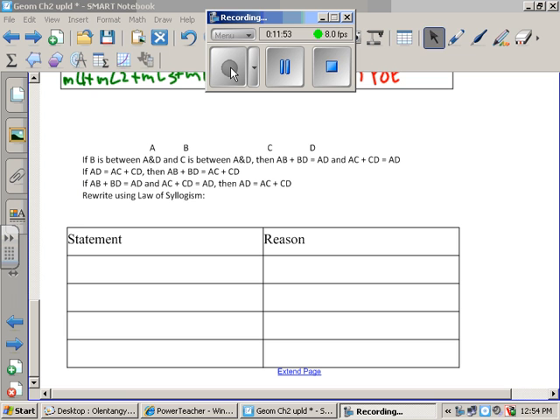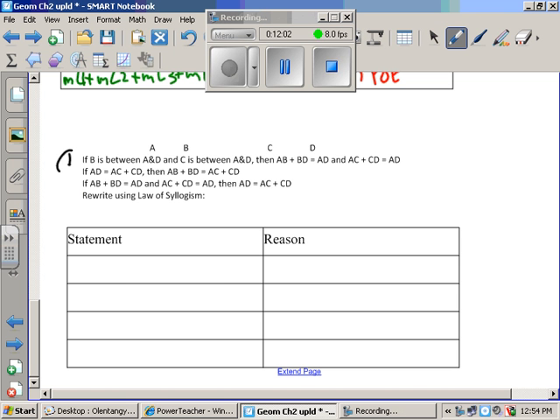All right, so what's the order, first of all? Sabrina, can you tell me the order? Right? Okay. Right. And you can tell because this conclusion becomes this hypothesis. This conclusion becomes this hypothesis.